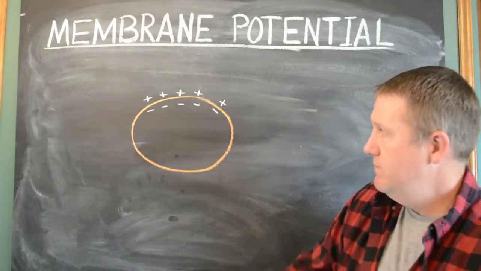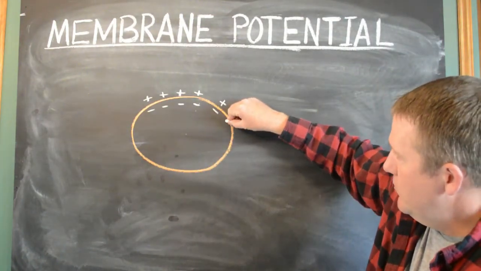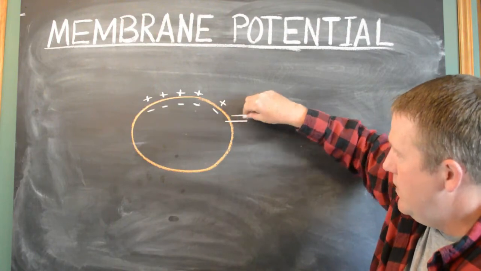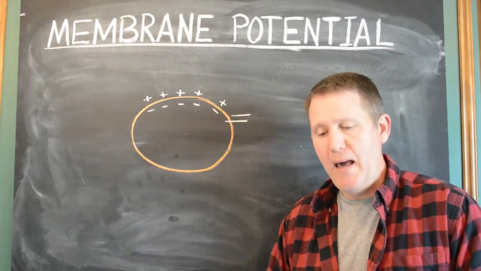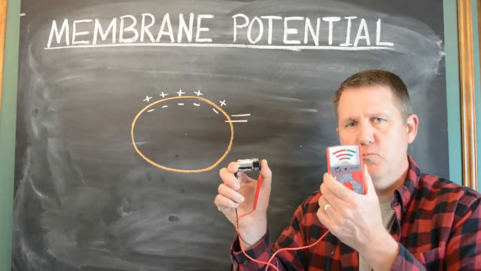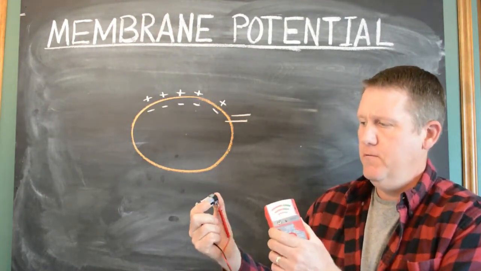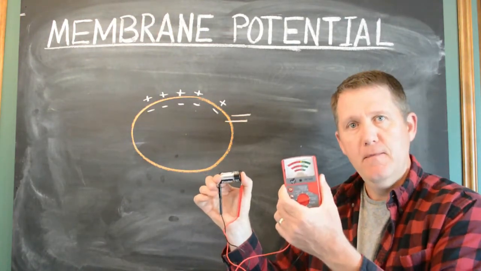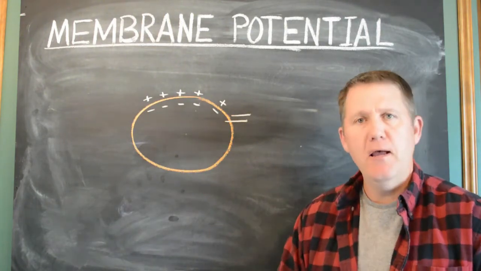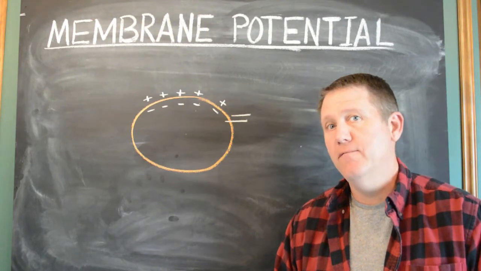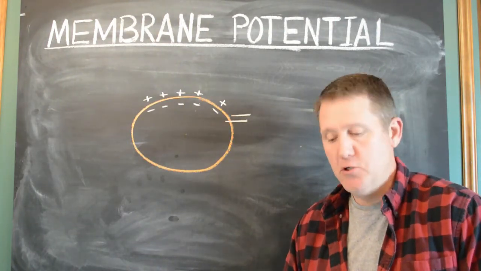We can measure this in volts, and so if we put a probe on the inside and a probe on the outside, kind of like a battery tester. I don't know if you've seen a battery tester like this one with these 2 probes, and when I touch the probes, then there's a readout, right? And it tells me that this battery has a voltage of 1.5 volts. And we can measure membrane potential as well.